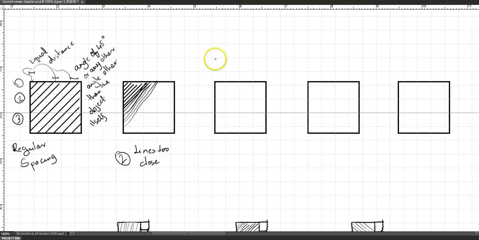Now the third one is varying line widths. Okay, so what this means over here is I'm gonna draw a line. I'm gonna draw another one. Let's do it at a distance.